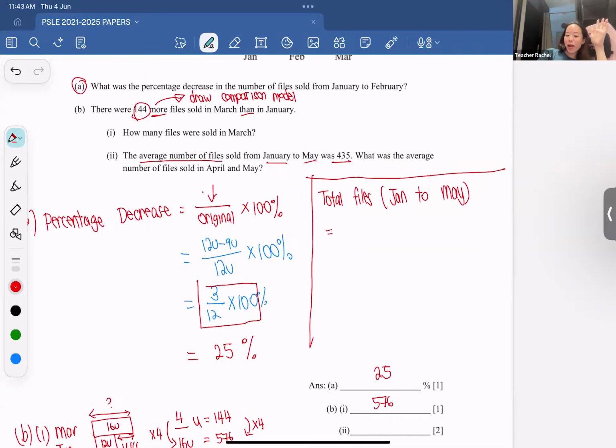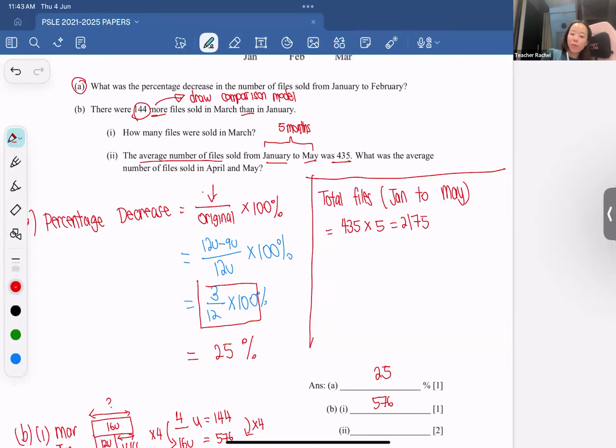Okay, on average, every month is 435. So from January to May, I have how many months? I have 5 months. So the total number of files is 435 times 5. So if given the average, you can find the total. Okay, it will be 2,175.